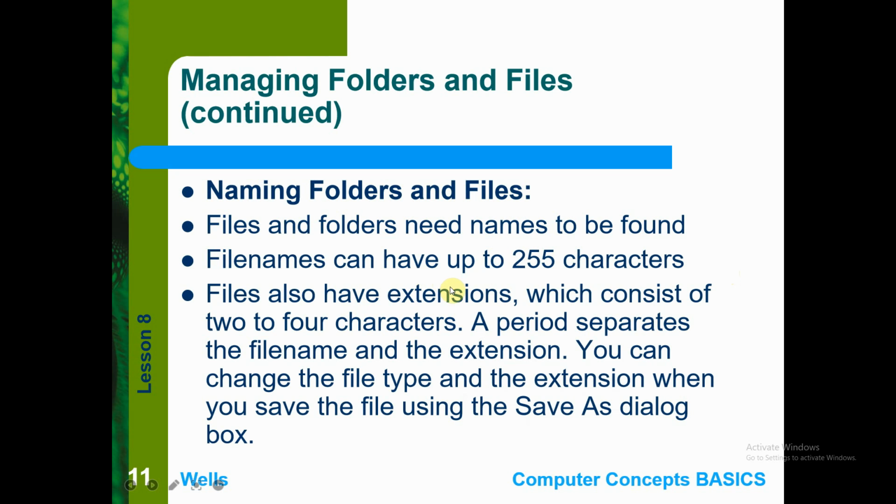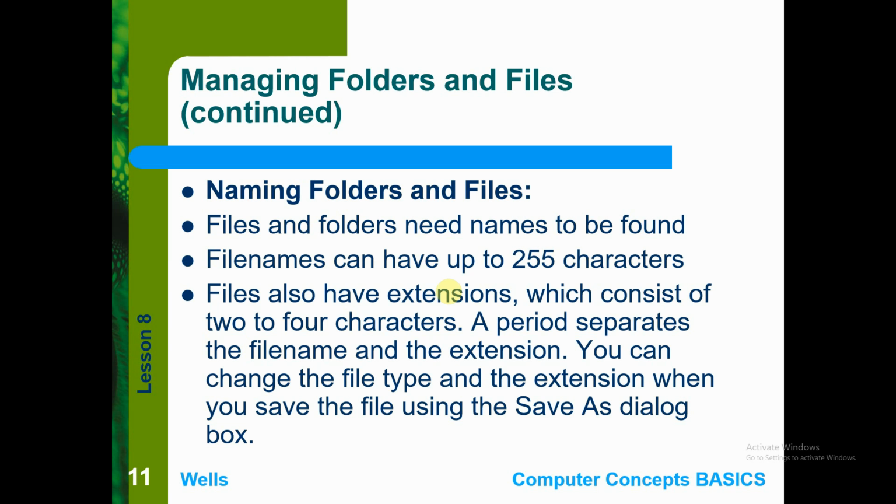Now for the naming of your folders and files, you need basically the basic naming to have them found. So you cannot have blank names for your files or folders, and file names can have up to 255 characters maximum in their names. Also for their extensions, they consist of 2 to 4 characters.